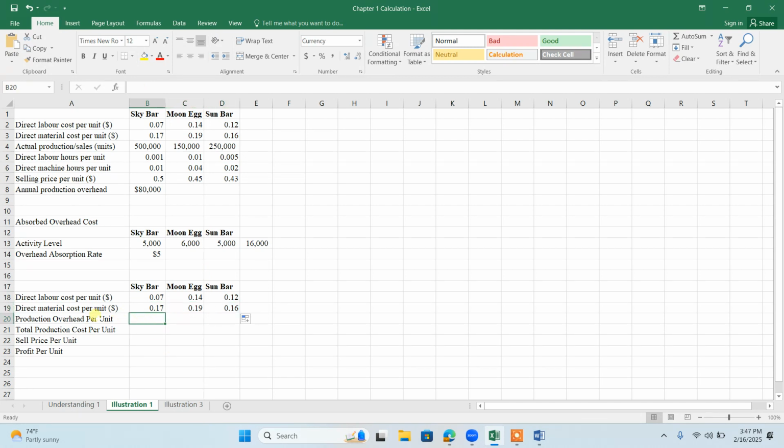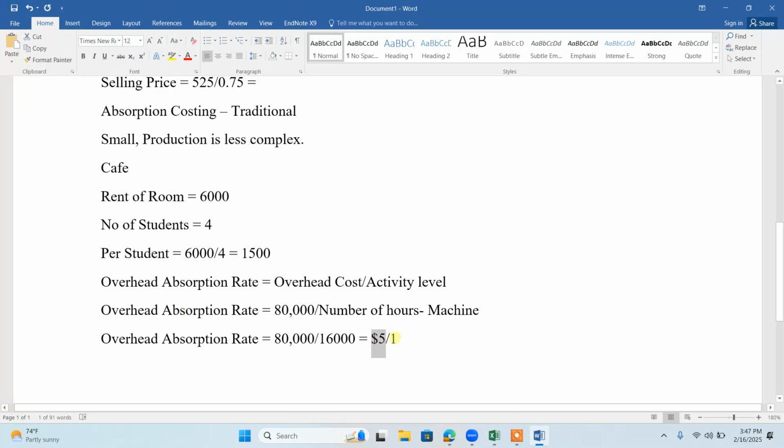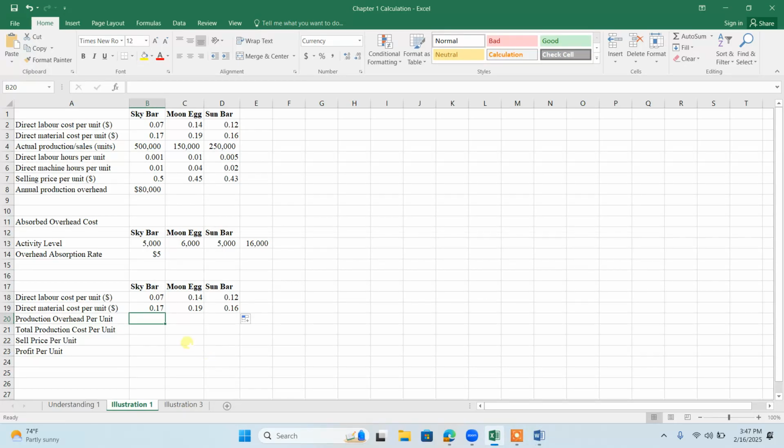Now I need to calculate the production overhead per unit. For 1 hour, it is $5. How many hours does it take for 1 unit? 0.01.